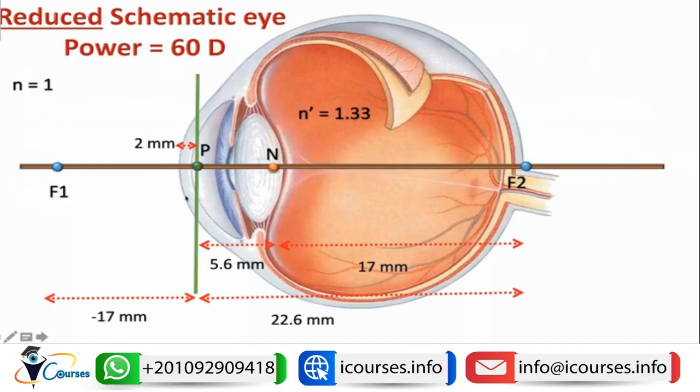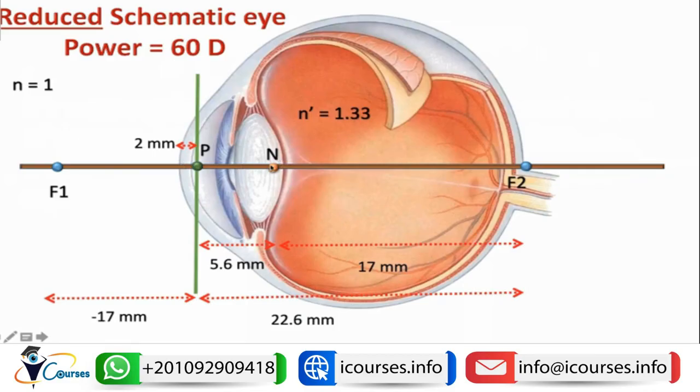Donder made his calculations so that he can assume that the eye is made of one refracting surface that is present 2 millimeters behind the anterior corneal surface. The intersection between this curved surface and the axis, or the principal plane, will be called P, the principal point. This principal point is located in the aqueous, 2 millimeters behind the anterior surface.